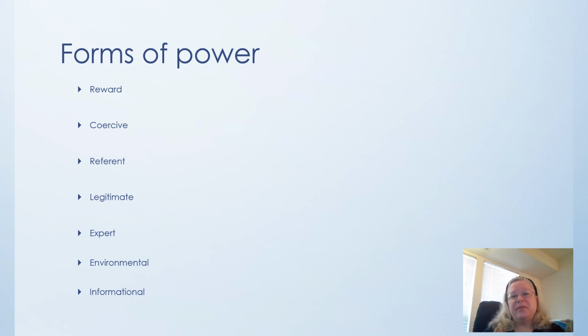Another way to think of legitimate power is with your professors. I walk in the door the first day of class and say, I'm your professor. Here's the syllabus. Here's what we're going to do this term. Do this, do that. You don't know me at that point. You don't know what my qualifications are. But the fact that I have the title of professor and the backing of Western Michigan University confers a certain degree of power on me and causes you to listen to me and to comply with my requests.